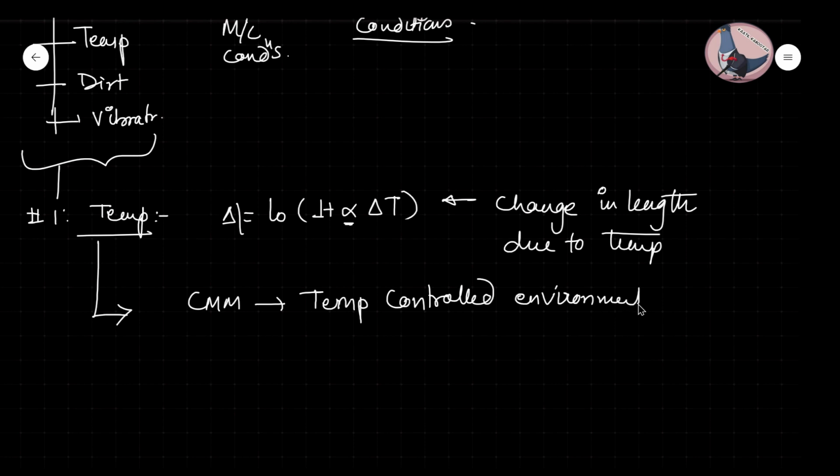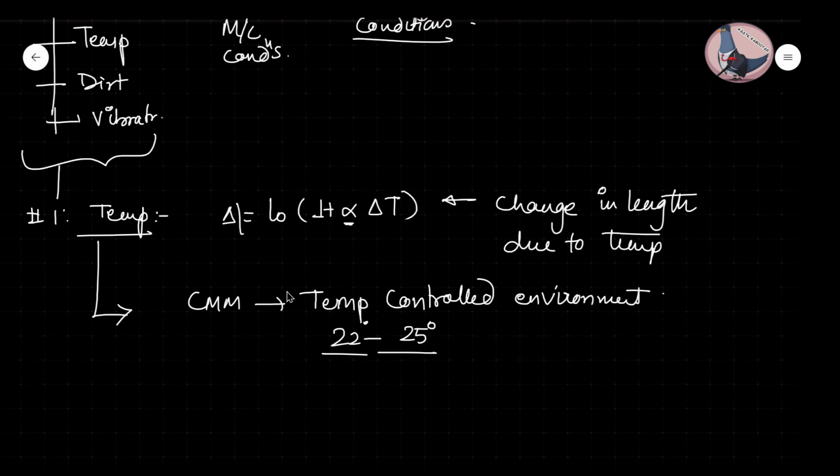Now as per standard it is 25 degrees centigrade, like 22 to 25 degrees centigrade is the range. So wherever the CMM measurements are done, the company or the place where this is kept, they will ensure that the temperature inside is in the range of 20 to 25 degrees centigrade.